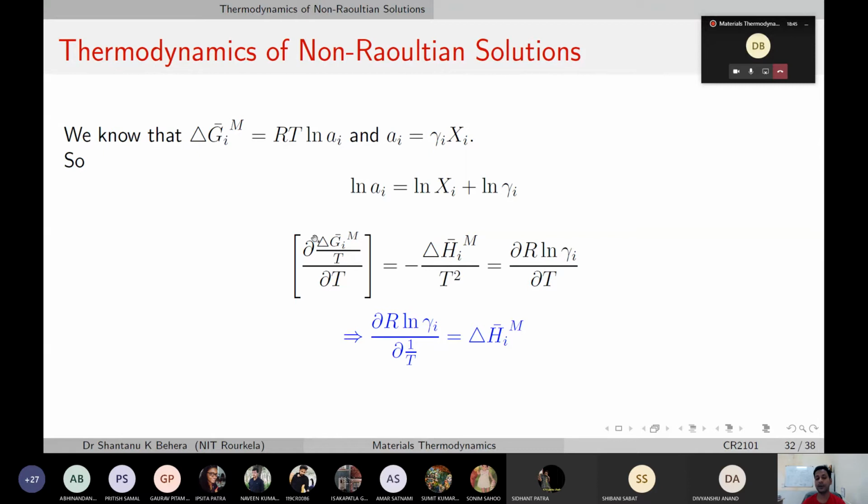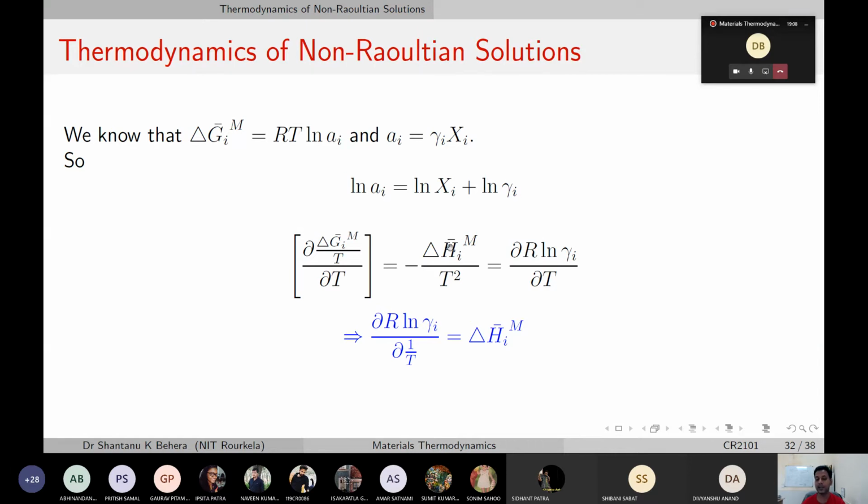Now, since you can't really get an idea of a del G by T term, it's better to have it expressed in a directly measurable quantity, which is the enthalpy term. And here we can actually see the change of these with the change of this, or the change of this with the change of this.